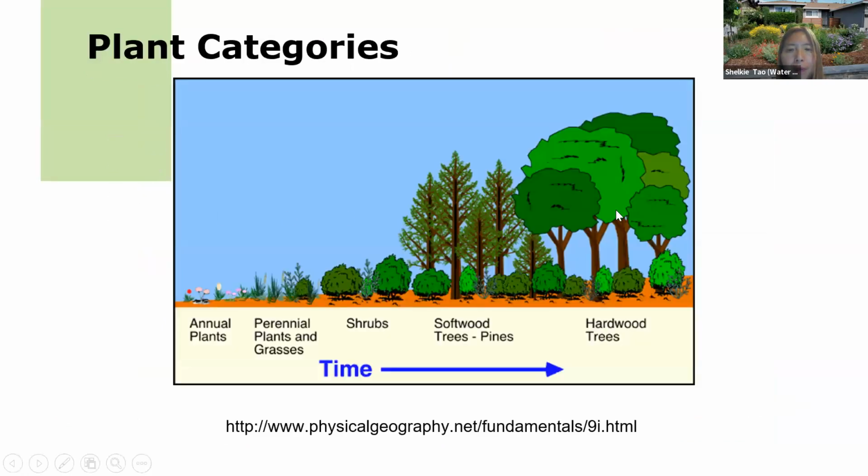There are 5 or 6 major types of plants: tall trees, and then shrubs, perennials, annuals, and ground covers. For most of us, the majority will be shrubs and perennials, with a couple of trees, 1 to 2 or 3 trees.